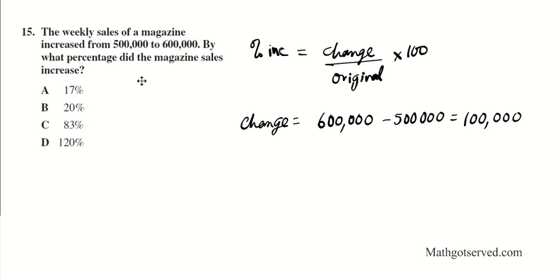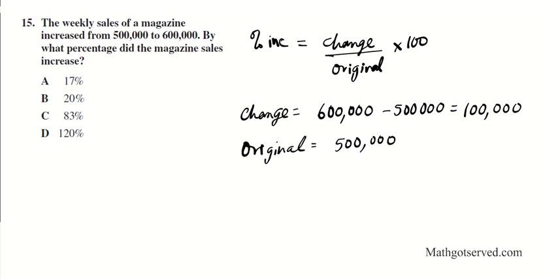Alright, and we know the original is 500,000 magazines. Alright, so these are the two numbers we're going to be using for the formula. Okay, so the percentage increase is going to be the change, which is 100,000, divided by the original, which is 500,000, times 100.